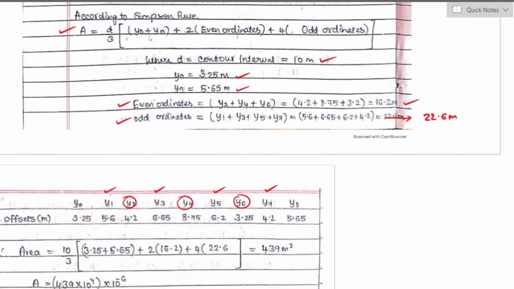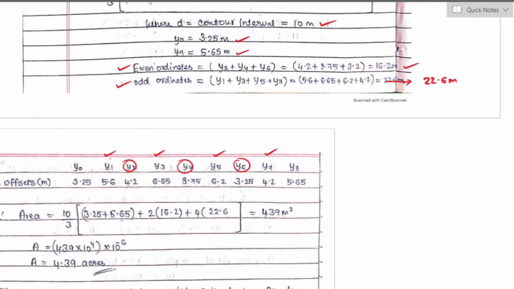Therefore, substituting this value, the area of the irregular boundary will be 10 by 3 into 3.25 plus 5.65 is the sum of first ordinate and last ordinate plus 2 times of sum of even ordinates, that is 16.2 meter, plus 4 times of sum of odd ordinates, that is 22.6 meter. On solving this, the area of the irregular boundary is 439 meter square.